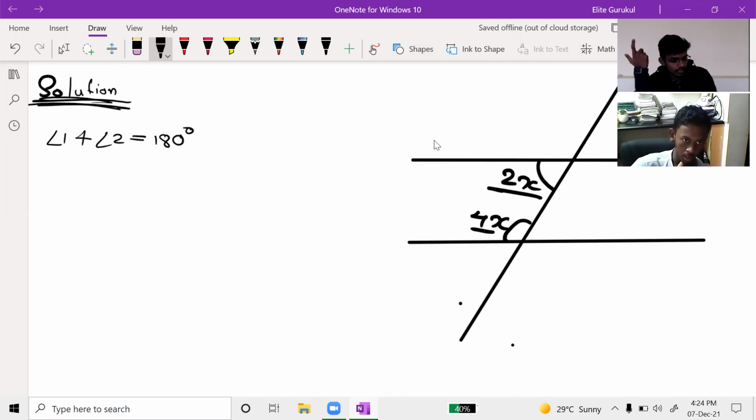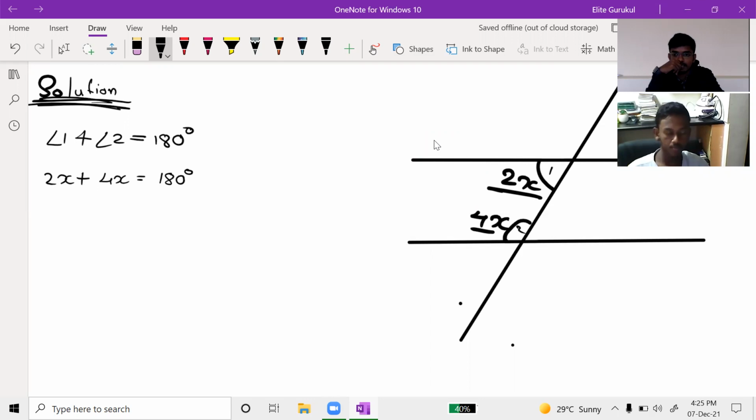No doubt till here? Let us consider this 1 and this 2. Angle 1 is 2x, plus angle 2 is 4x, which is equal to 180 degree. Sure? Now next.